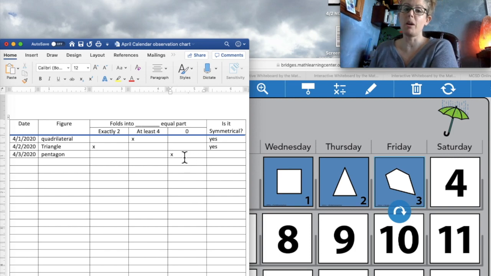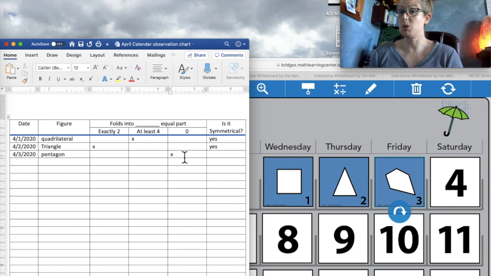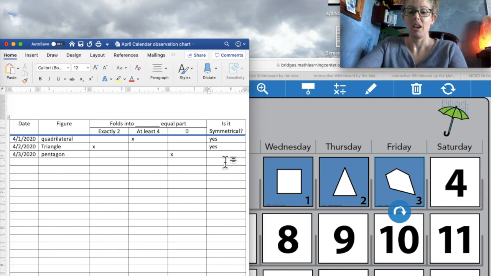So knowing that we could not fold it into any equal parts, do we have a line of symmetry, or is our figure symmetrical? No, it's not. If you said no, say me too, me too. No, we do not have a symmetrical shape. So I put no in there.